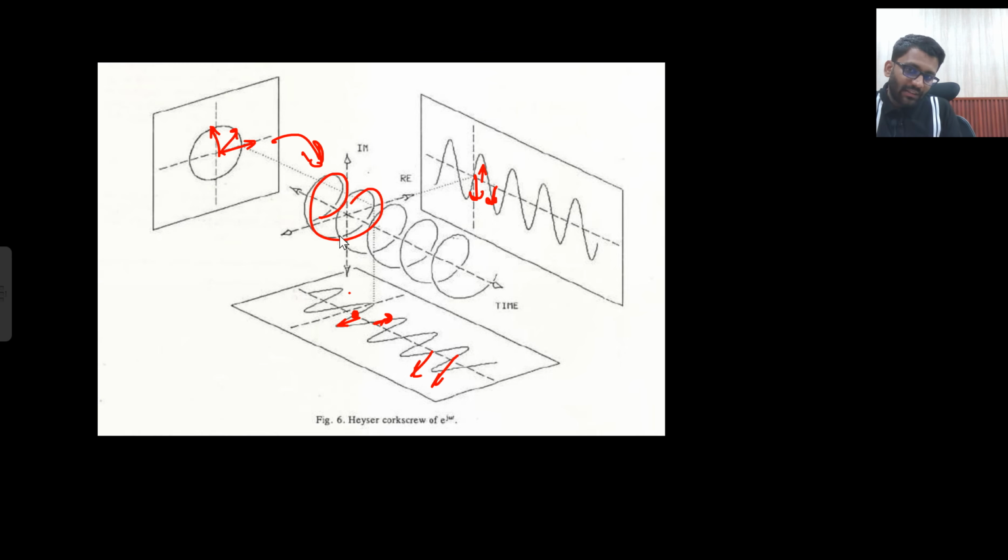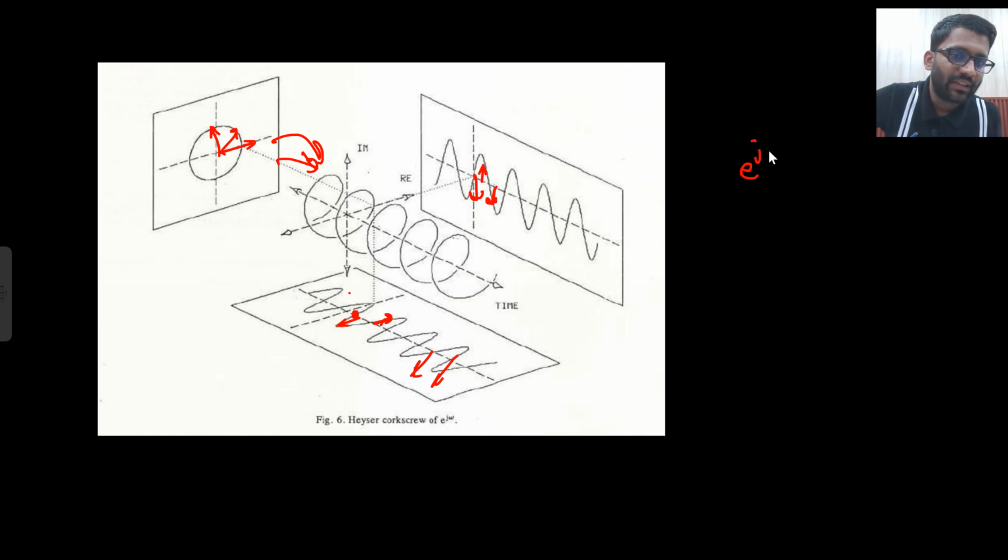If you see this spiral, and if you look from this side, what do you see? A circle. You take a spiral, and if you see only 2D, what do you see? A circle. But if you see it in 3D, what do you see? The circle is moving ahead. Do you get this point? A very important point, and this is the core concept of our e to the power j theta.